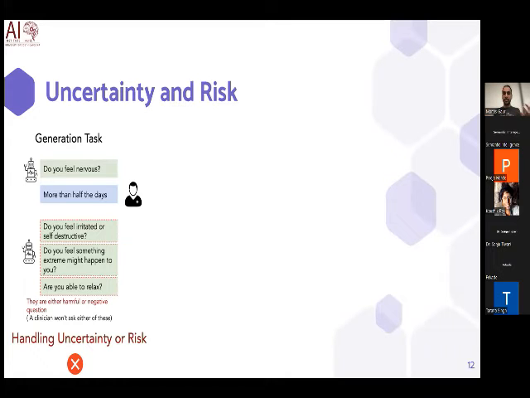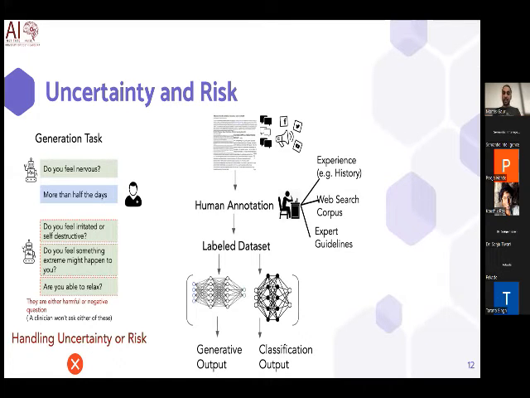The major issue lies in the fact that these models are developed on labeled datasets, and these labeled datasets are not just one-shot processes. They are constructed by human annotations, and human annotations are not straightforward. They comprise experience, web search corpora, and expert guidelines, which are constructed to achieve gold standard datasets.